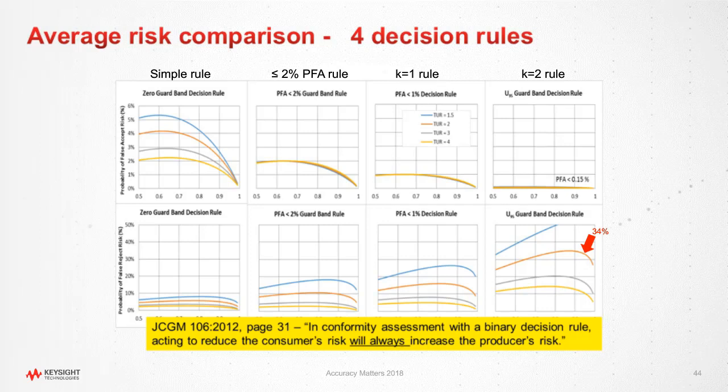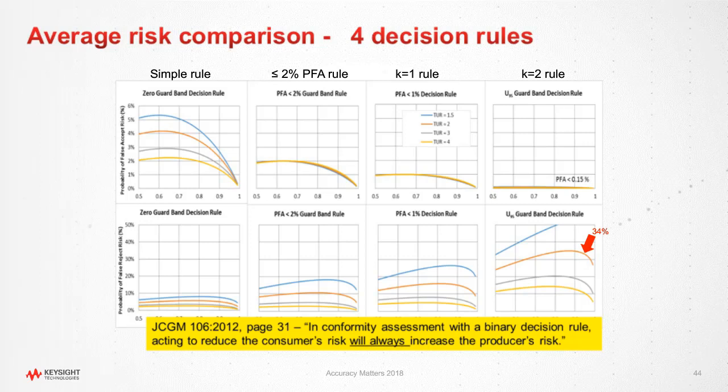And I have one data point over here on the right-hand side. If 95% of your units going through your test system were passing according to just the simple rule, and you're guard banding with your acceptance at twice the measurement expanded uncertainty, you are going to report as failing 1/3 of all the product going through.